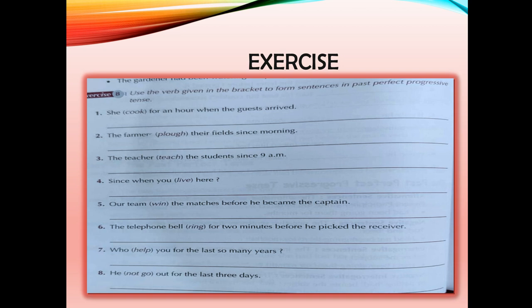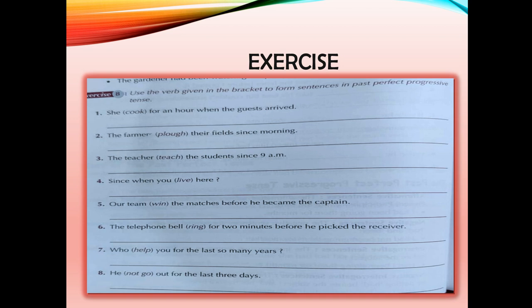Use the verb given in the bracket to form sentences in past perfect progressive tense. Right now, verbs are given in the bracket and you have to form sentences in past perfect progressive tense. Okay, just a reminder of the format: had plus been plus verb plus ing, right?